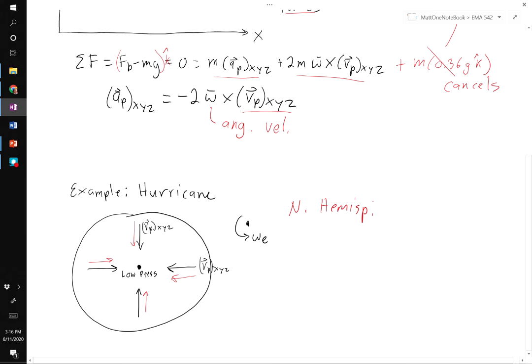In the northern hemisphere, the angular velocity vector will be coming out of the page at us. So that vector coming out, I draw it this way so that by the right hand rule I could put my thumb up in the air and know which way the angular velocity is.